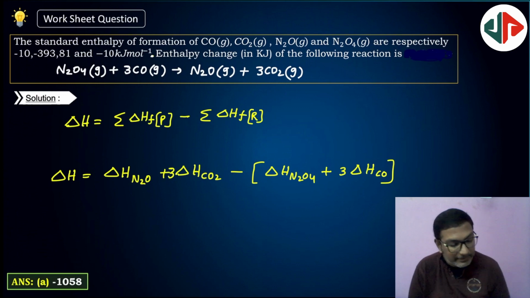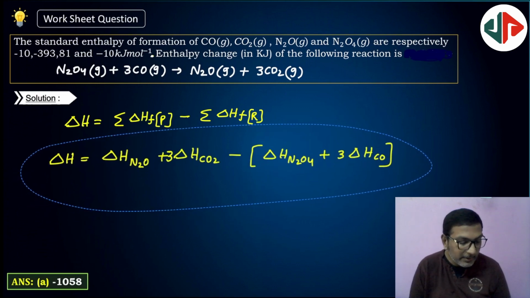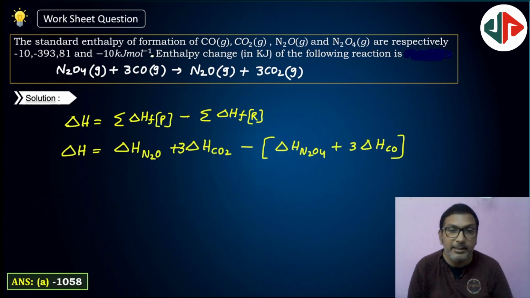This is the formula: delta H of reaction in terms of change in enthalpy of formations, formations of products minus formations of reactants. Here N2O and CO2 are products and N2O4 and CO are reactants.